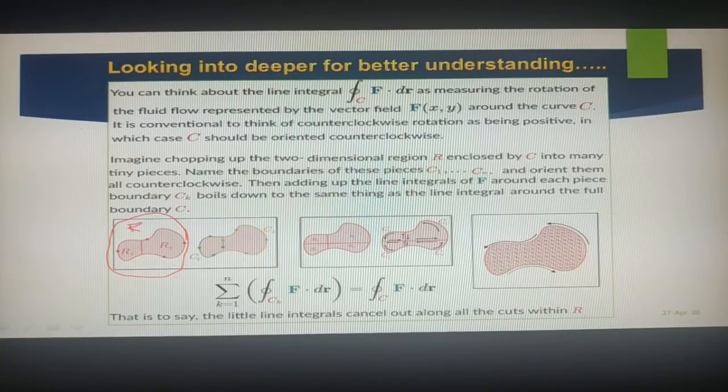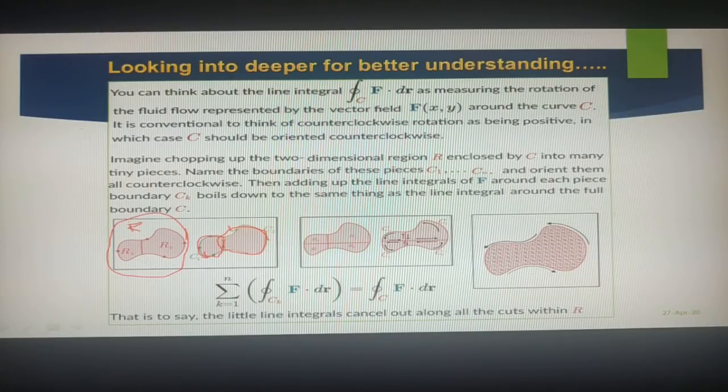Now if I want to find the integral over C1 of F bar dot dr, I have to take the counterclockwise direction, so my direction is this way. For C2 also I have to go in the counterclockwise direction.